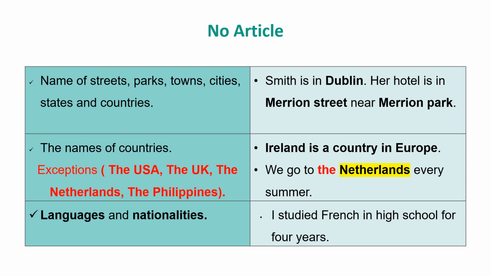We also use no article with the names of countries, except for the USA, the UK, the Netherlands, and the Philippines. For example, Ireland is a country in Europe. We go to the Netherlands every summer.